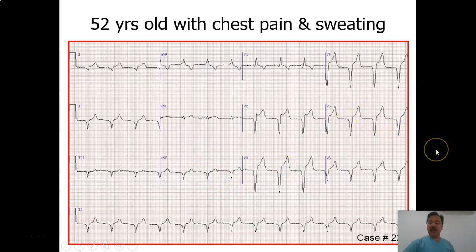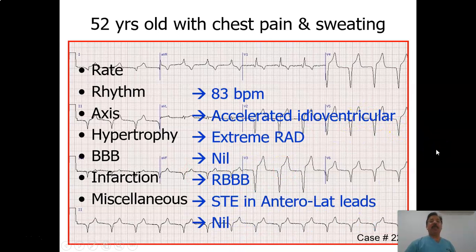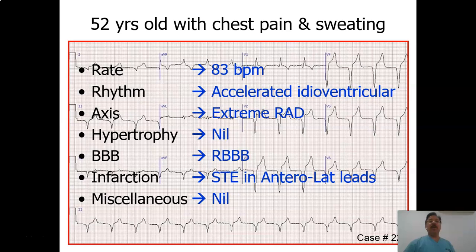So the ECG findings in this patient include the rate 80 beats per minute. The rhythm is accelerated idioventricular rhythm. There is extreme right axis deviation. No hypertrophy. There is right bundle branch block pattern, and there is ST segment elevation in the anterolateral leads.